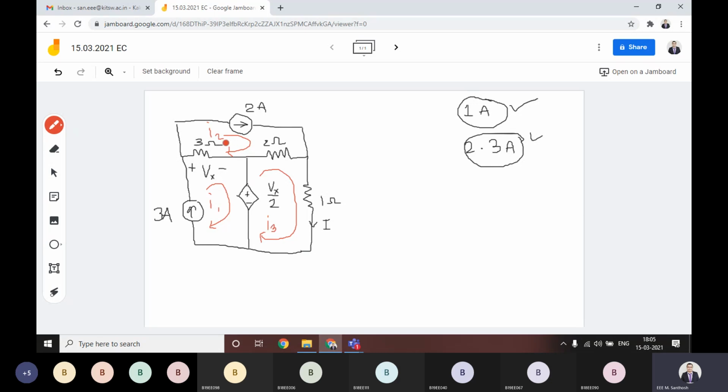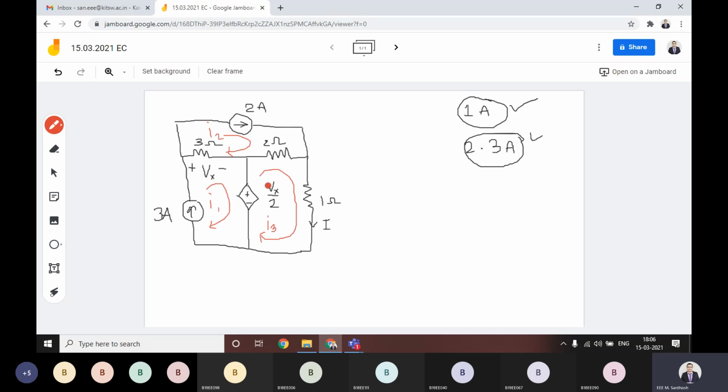The first rule is we need to assume the current direction must be the same in all the loops. And the other one is, for mesh 1, if you are writing the equation, then that current is more when compared to other currents. That's the simple thing you have to assume.